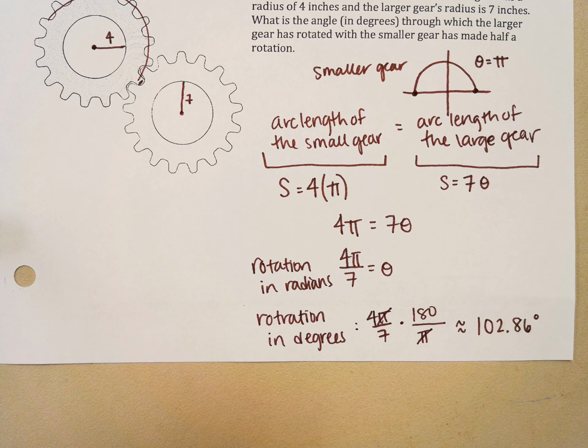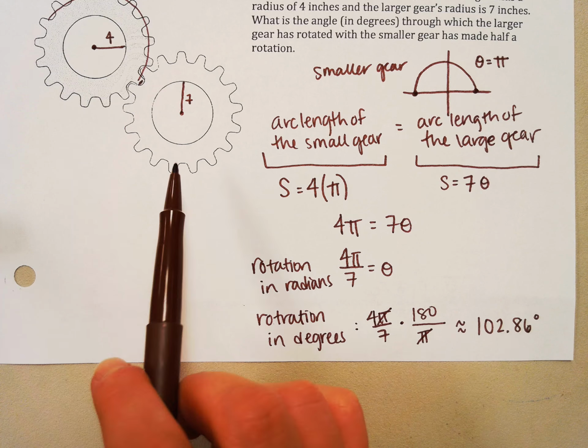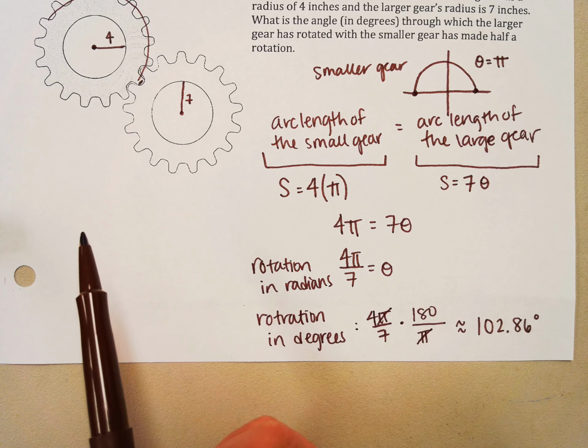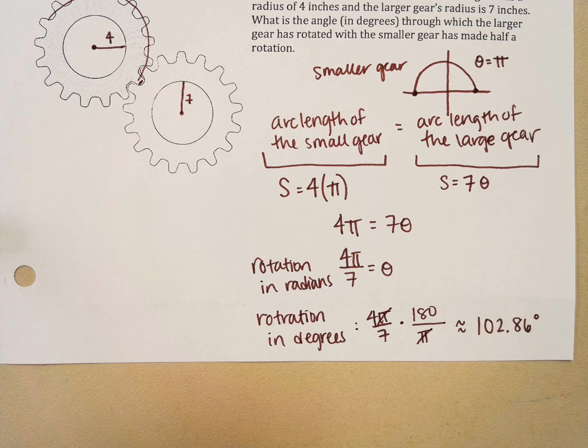And again, that should make sense, because if I'm rotating the smaller gear 180 degrees, this larger gear should rotate less than that. It will take a lot more degrees to rotate something of a really large gear the same length that we're looking at.